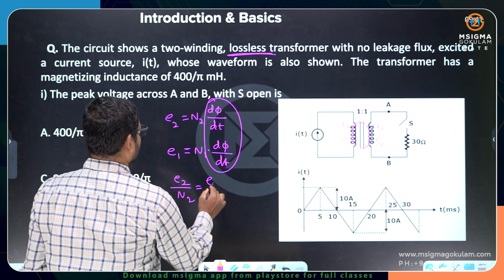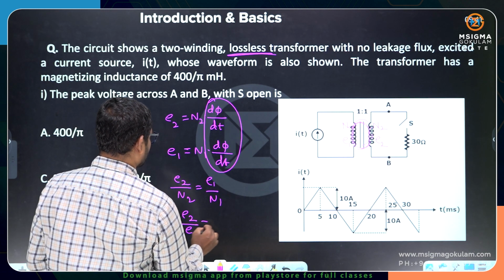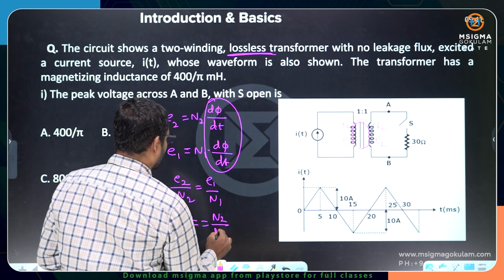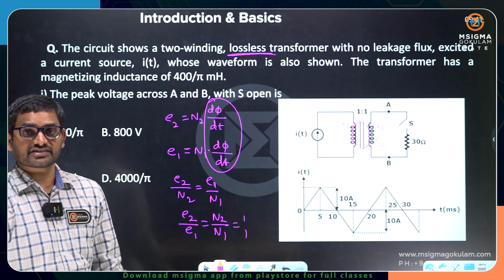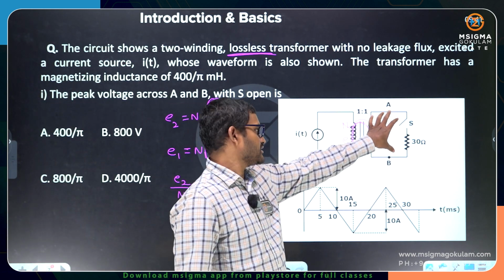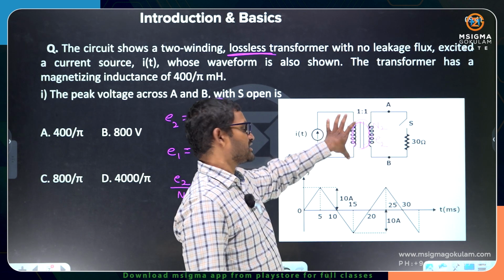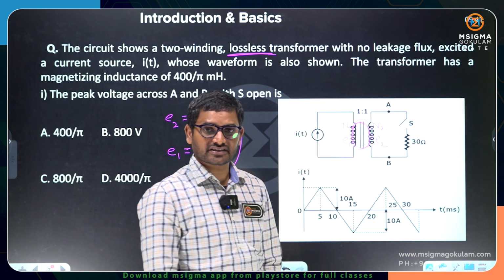So these ratios are the same. Otherwise you can write it as E2 by E1 is equal to N2 by N1. As N2 by N1 is 1:1, I can say that E2 and E1 are both the same. You calculate the voltage here or here, whether he is asking the voltage across AB or the voltage across the first turns, anything is okay. How do you calculate the voltage across the first turns?